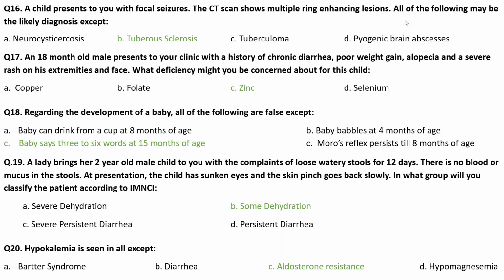Earliest it can start at any age, and if it has not started beyond that age, then it is delayed. So you are also right, but we are describing what is mentioned in your standard textbook: babbling at 6 months, cooing at 3 to 4 months, right?